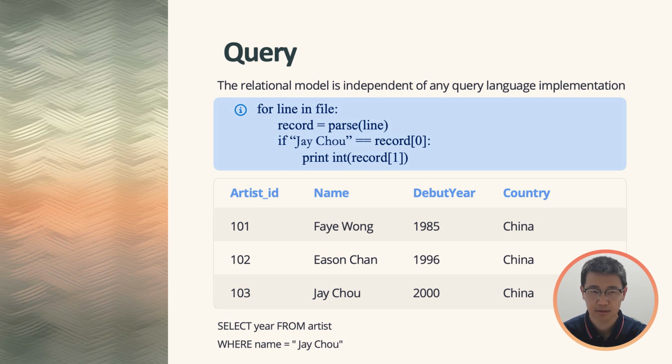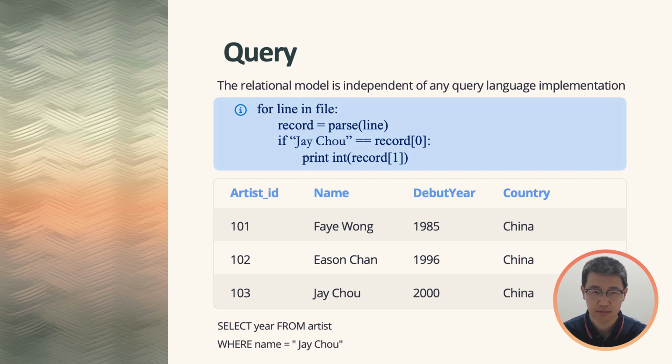Lastly, I mentioned that the relational model is independent of any specific query language implementation. If we don't have a DML or a DBMS, but I have a file and a bunch of data, in essence, this is a simple database. Earlier, when we defined the database, we said a database is just a set of entities.